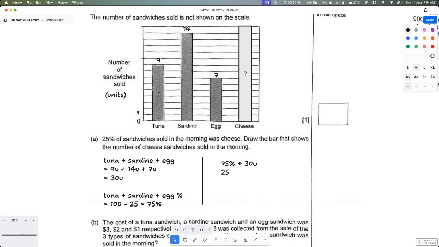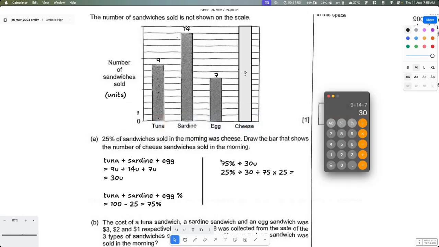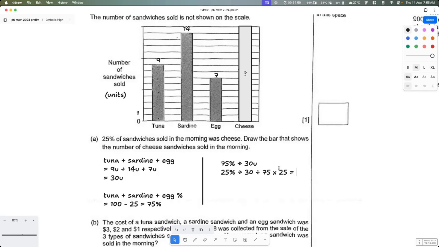So 25% is equal to 30 divided by 75 times 25. Divided by 75 times 25, and this will give us 10 units. So where's 10 units? 10 units over here. So you have this and this. So you see the answer. There you go. So this is 10 units.